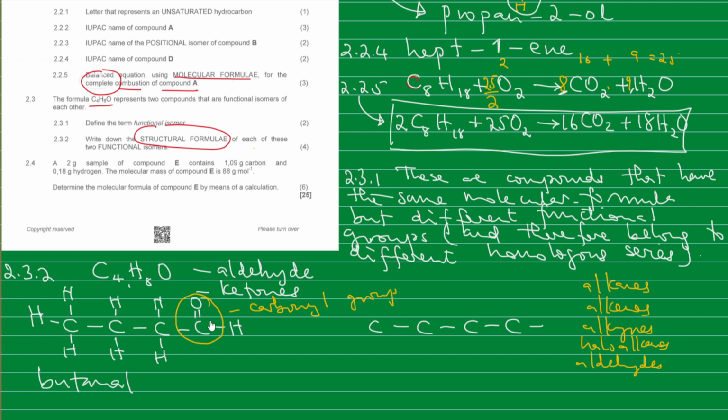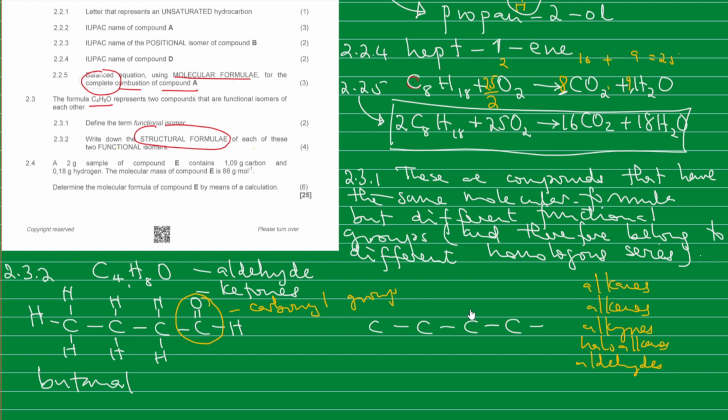But now we want to change this one to a ketone, which is a functional isomer. To make it a ketone, I will just move the oxygen and put it here, and then this H will come there. Just swap these two, so that the carbonyl now is between 2 carbon atoms.